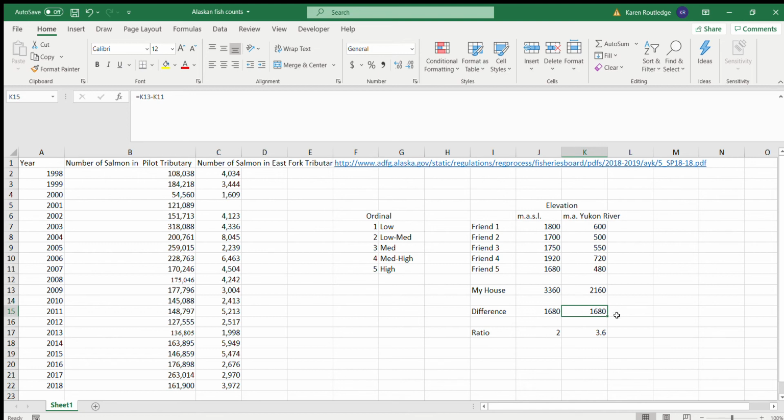However, if I ask for the ratio of my house to my friend's house, instead of my house being twice as high, it now appears that my house is almost 4 times as high as my friend's house. Now this looks very weird and possibly mind-blowing that even though my house hasn't moved and my friend's house hasn't moved, we haven't changed elevations yet, somehow my house is now almost 4 times higher when it was only 2 times higher before.